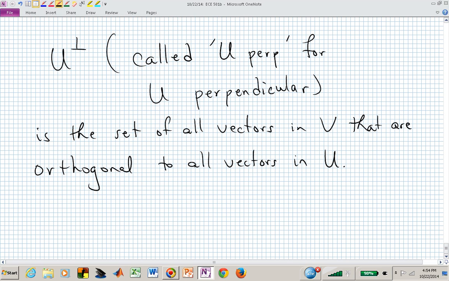That subset might be a subspace. We'll make that distinction when we want to. But right now, U could just be a subset. Doesn't have to be a subspace.